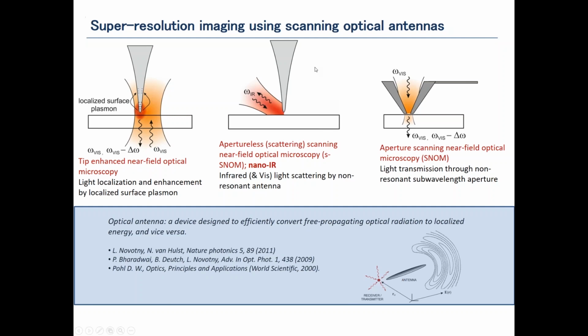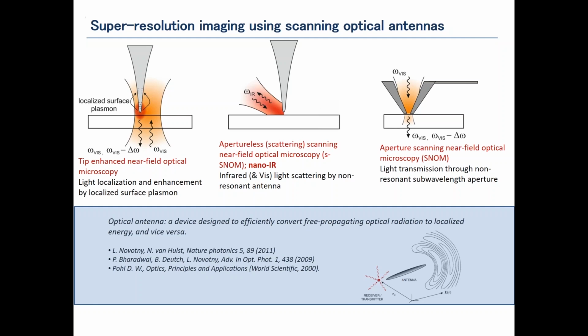The second way, where we will be focused today, is the apertureless scattering scanning near-field optical microscopy, where there is just a tip of the atomic force microscope and there is some light, in our case, in the near-infrared spectral region, and the backscattered light is then detected by an interferometer or by other means. This is the way where there is no resonance, but as we will see, the resolution is determined by the curvature radius of the probe.